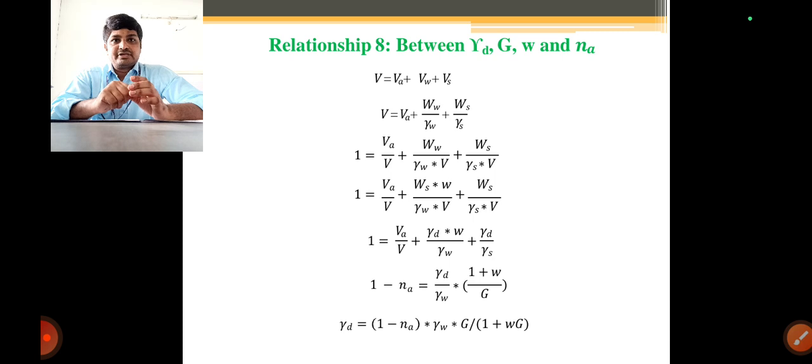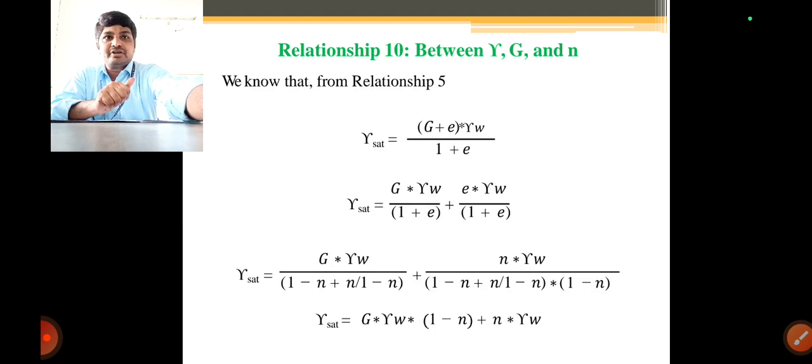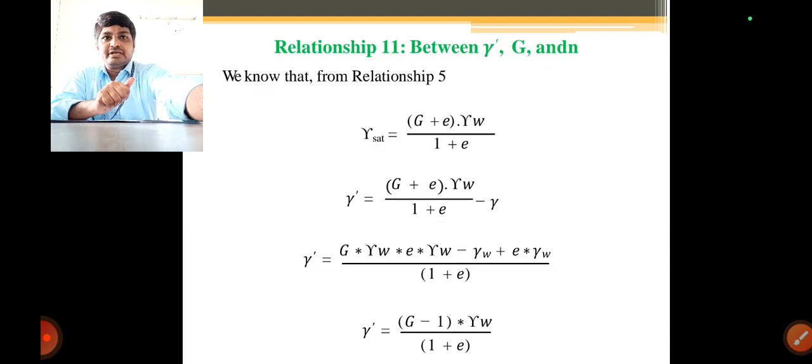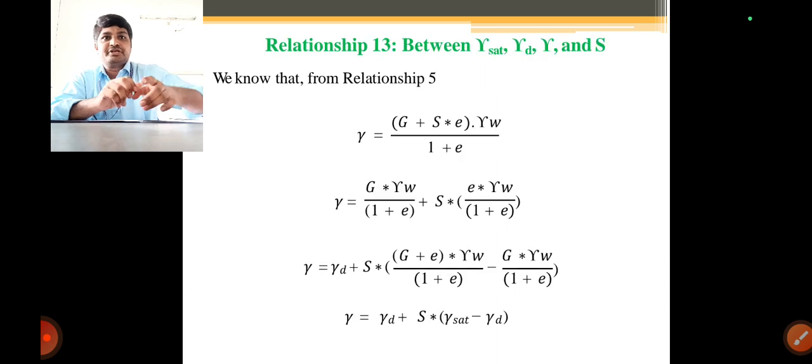By derivation, gamma d is equal to (1 minus Na) into gamma w into capital G divided by (1 plus wG). Like that, we can see a number of relationships here. These relationships are very important from the GATE examination point of view as well as the external examination point of view, and also very important for writing government sector examinations.